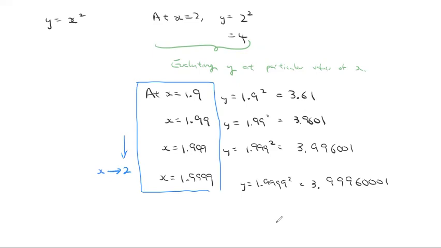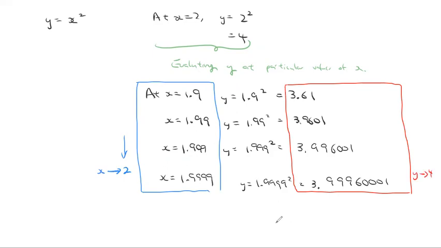No, it doesn't equal 2, but it's getting closer to 2, right? Now take a look at your y values. What's happening to the y values? Approaching 4. Correct. So we are saying that as x approaches 2, y is approaching 4. Does that make sense?